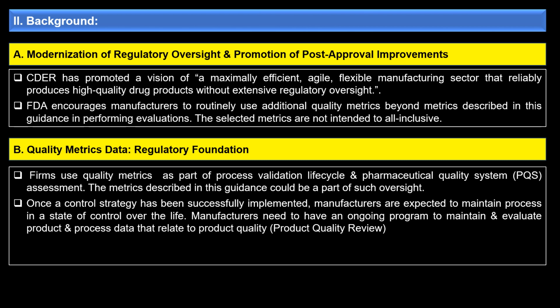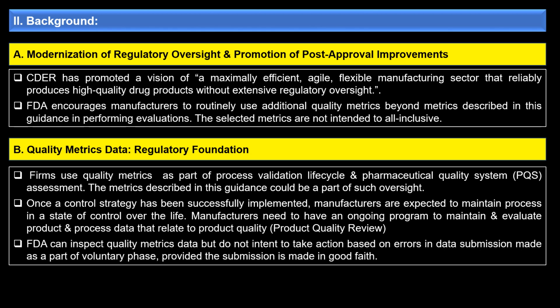Manufacturers need to have an ongoing program to maintain and evaluate the product and process data that is related to product quality. FDA can inspect quality metrics data, but at the same time, they have clarified that they do not intend to take action based on errors in the data submission if the data has been submitted in good faith.